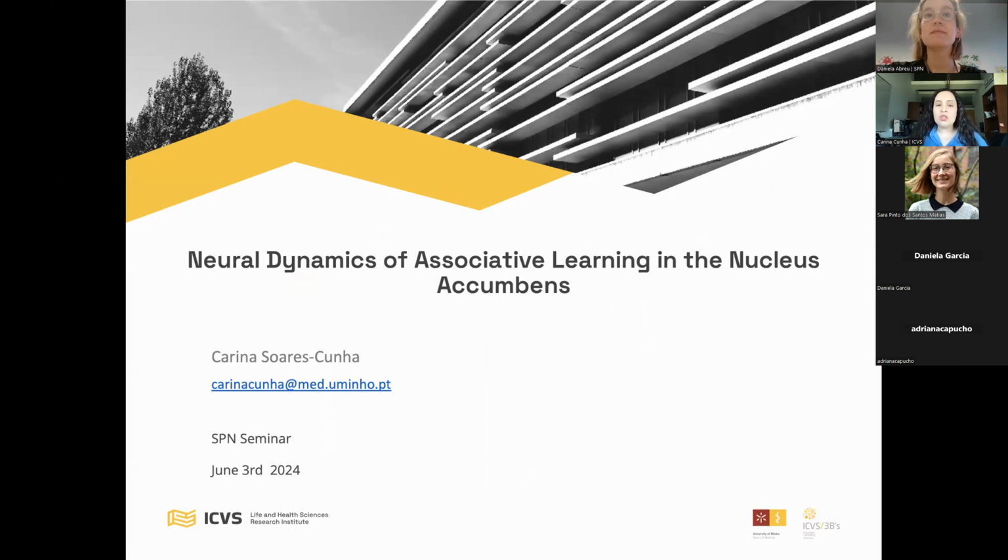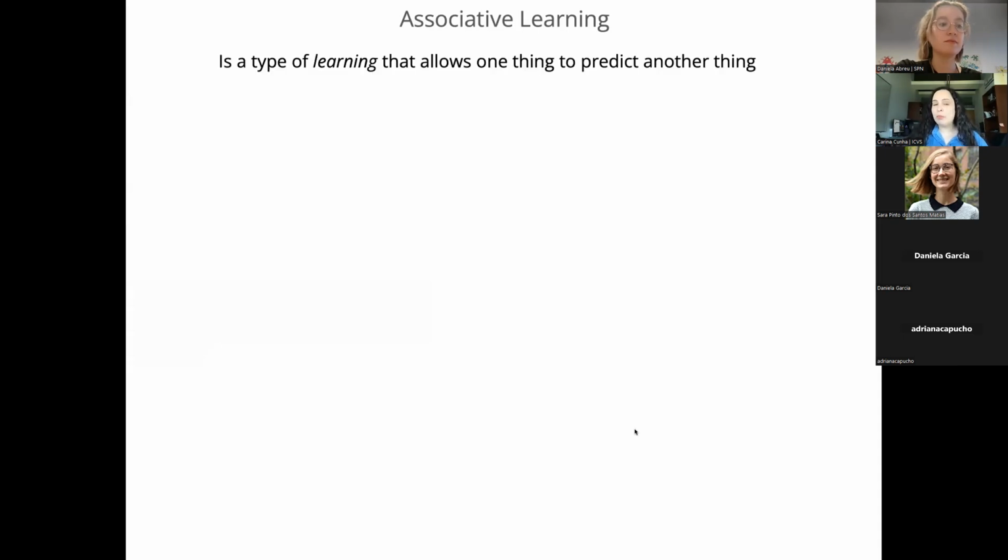So today I'll try to show you a little bit of the work that we've been doing on understanding the role of the nucleus accumbens, which is part of the ventral striatum, in encoding associative learning. I don't know if you are aware, but associative learning is a very basic process, a type of learning in which one thing will predict another thing.